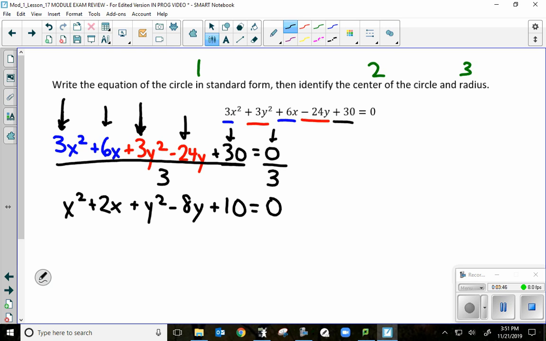The second step is I am going to take that 10 and subtract it from both sides. I'm going to get my only term without a variable, the 10, over on one side alone. So I'm going to subtract 10 from both sides, and rewrite this.